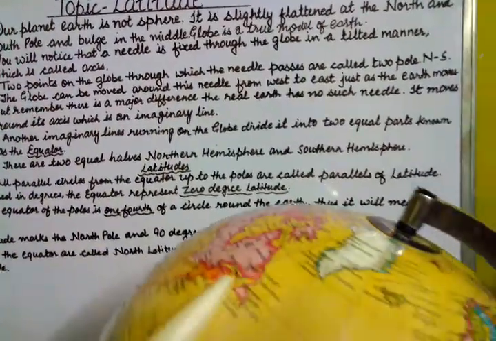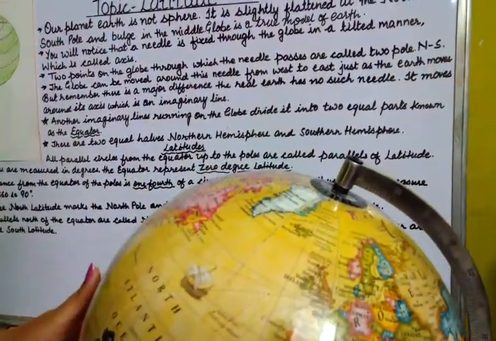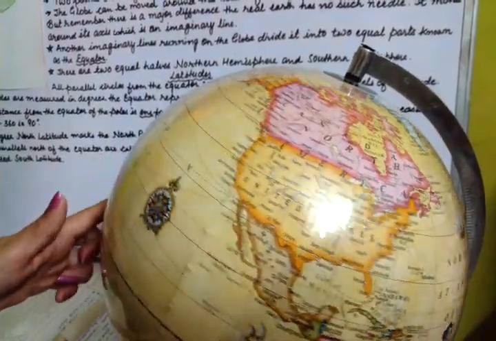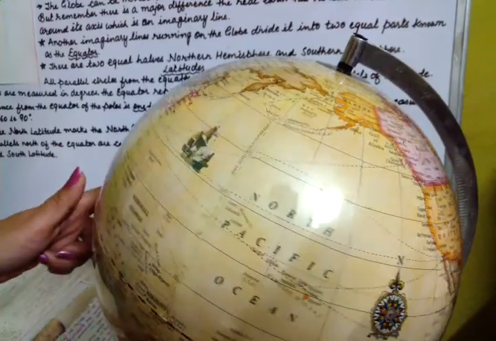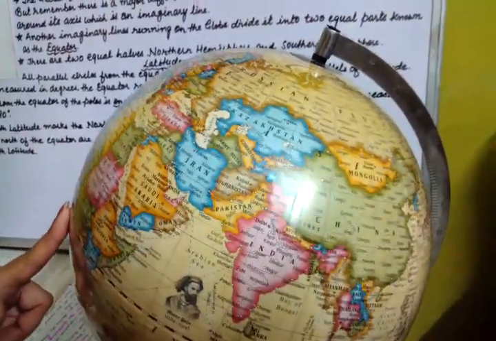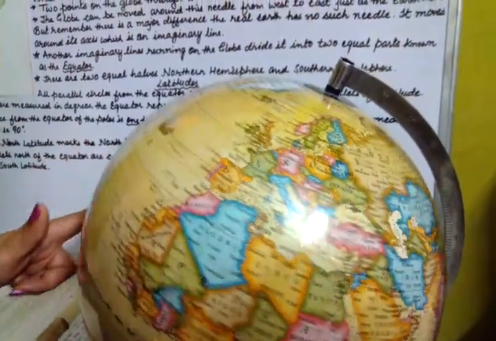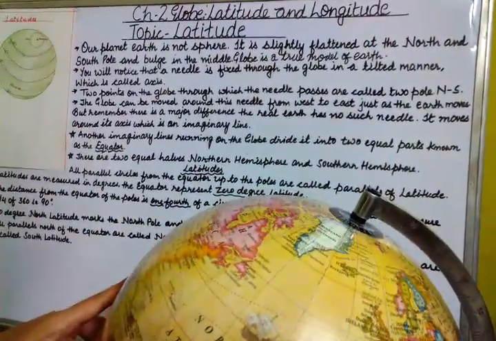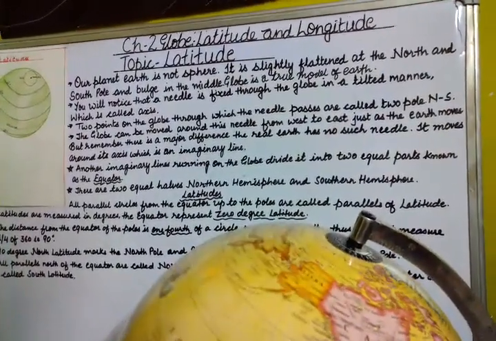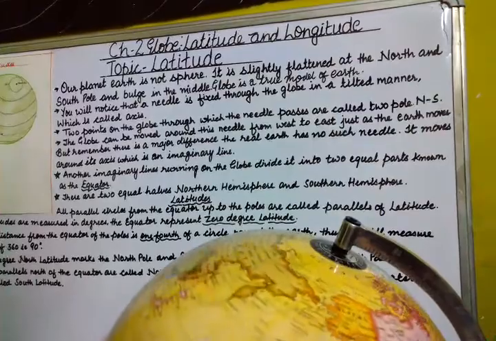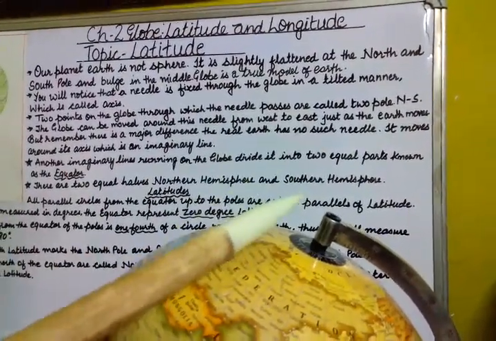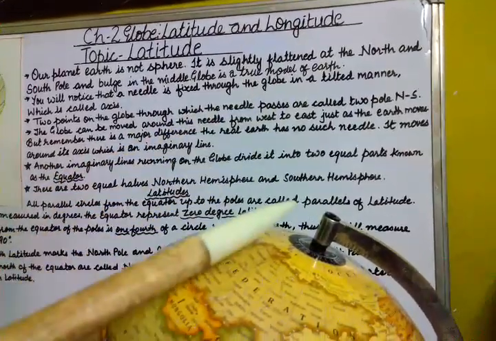Yes, students, the globe can be moved around with the help of this needle from west to east, just like our Earth moves. But remember, students, there is a major difference between how the real Earth moves and the globe, because there is no needle in the Earth. It moves around its axis, an imaginary line.